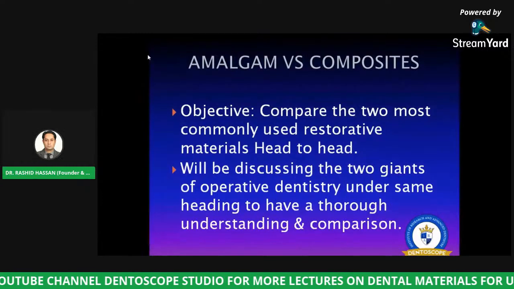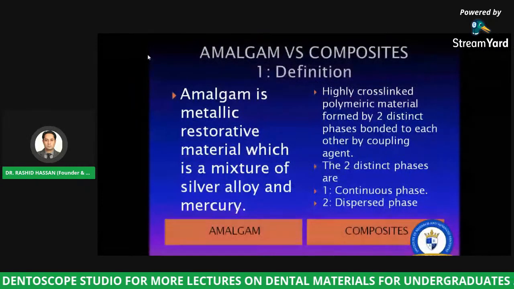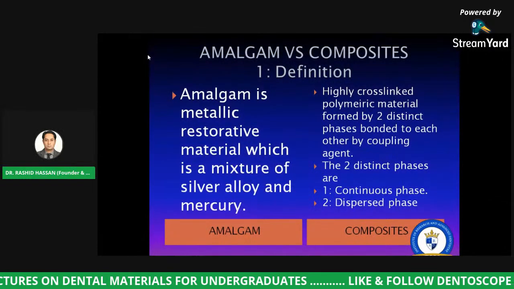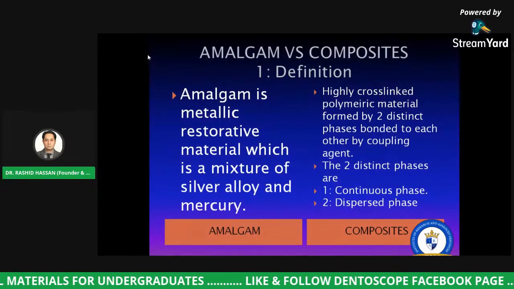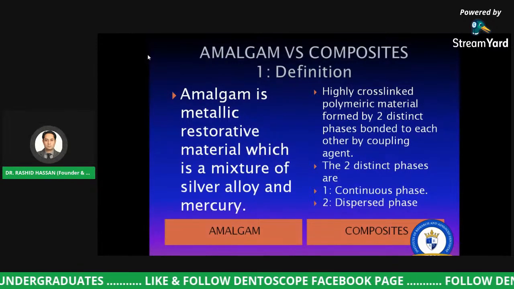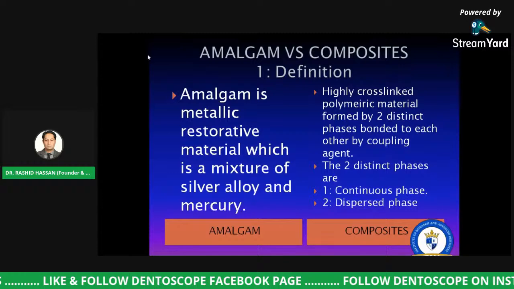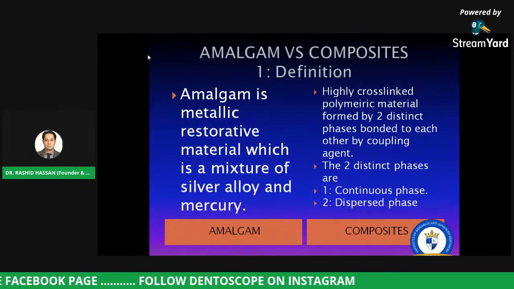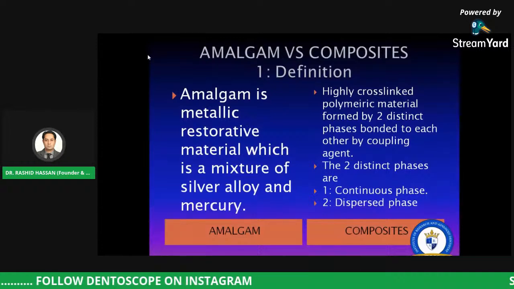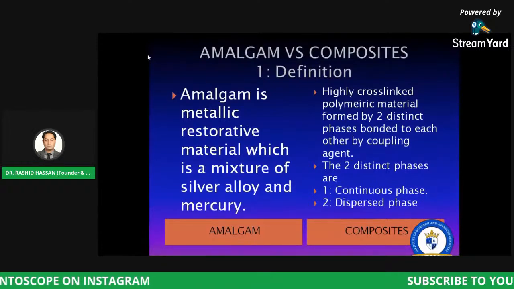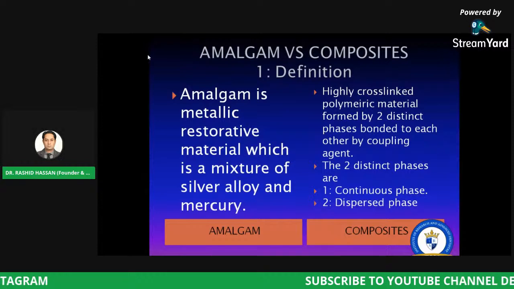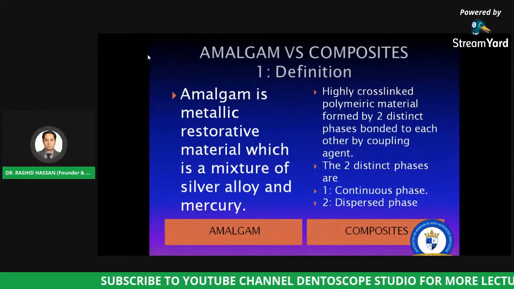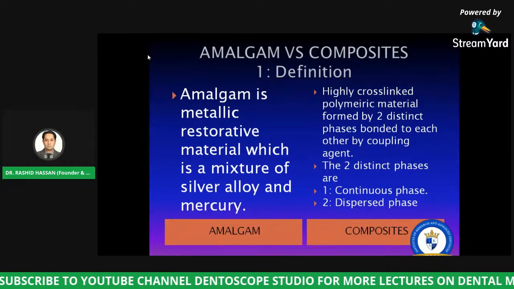First of all, let's talk about the definition. How do we define dental amalgam and dental composite? What is the theoretical definition of dental amalgam? Well, dental amalgam is a metallic restorative material which is a mixture of silver alloy and mercury. Basically, dental amalgam is a combination of powder and liquid formulation. The powder is the silver alloy and the liquid component is mercury.